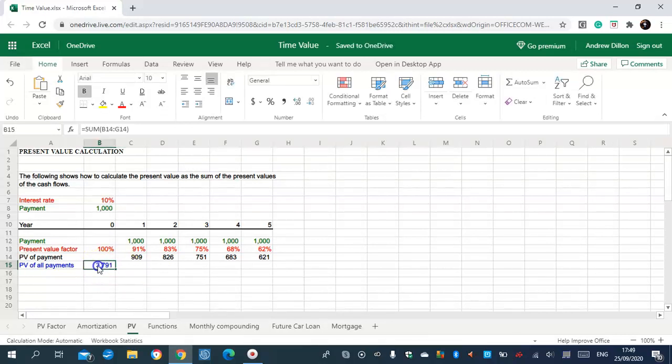Okay, so that's the answer for the present value of all payments. So that's present value completed. So the functions is the next sheet.